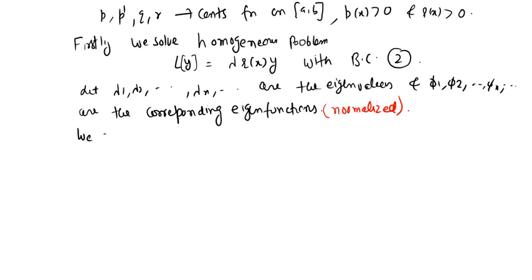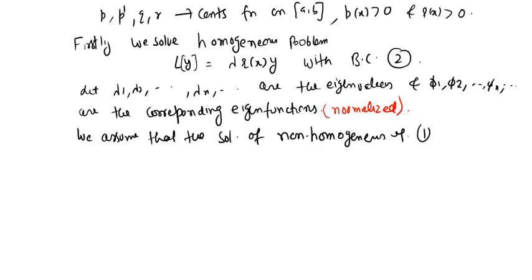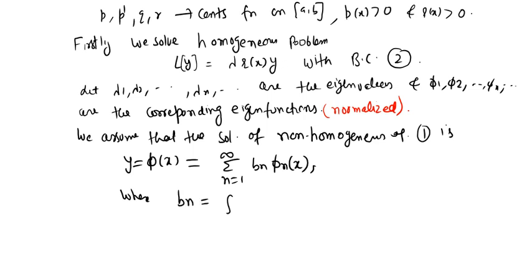So now we assume that the solution of the non-homogeneous equation, so now I come to the non-homogeneous problem, is, let us say, y equal to phi(x), and you can write phi(x) as a linear combination of these normalized eigenfunctions, where these b_n are the integral of phi(x) phi_n(x) r(x) dx, with n running from 1 to infinity.